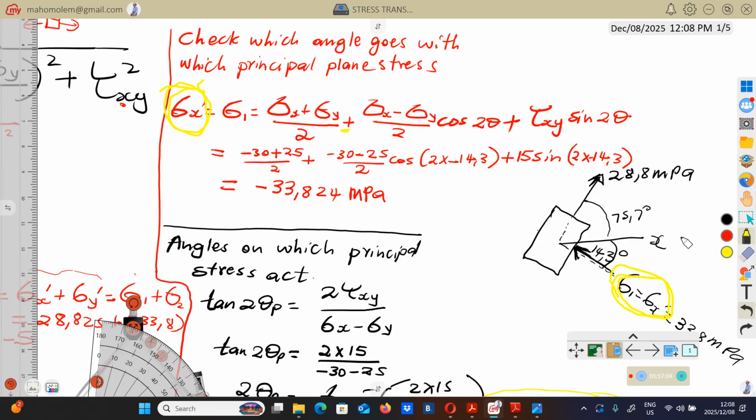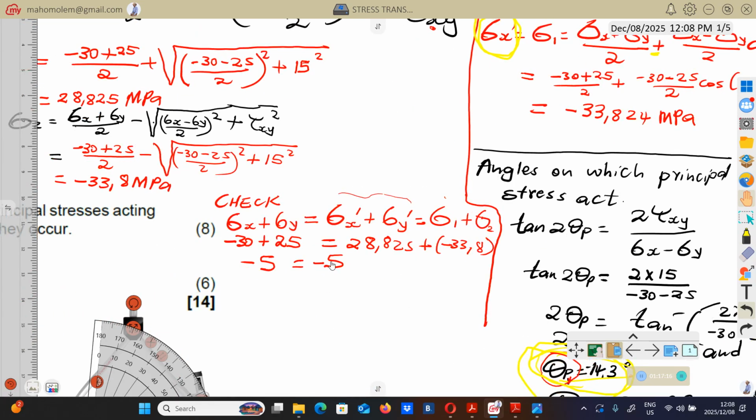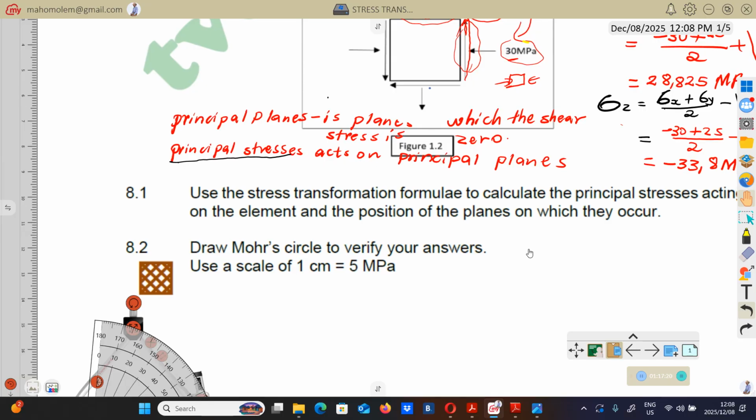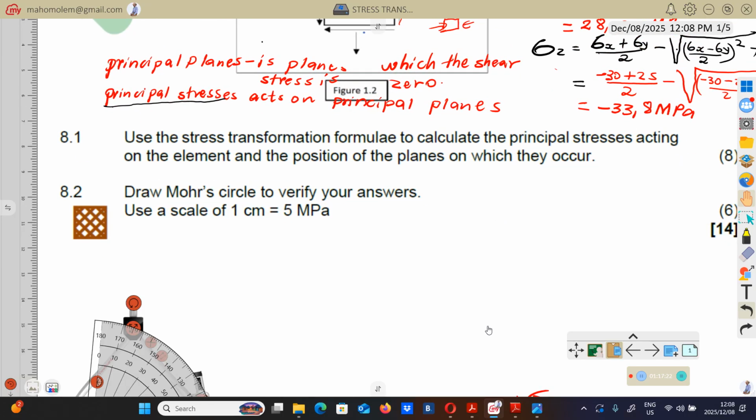Right, now let's verify our answers using the Mohr's circle. So now we are done with question 8.1. Now let's go to 8.2, draw Mohr's circle to verify your answers.